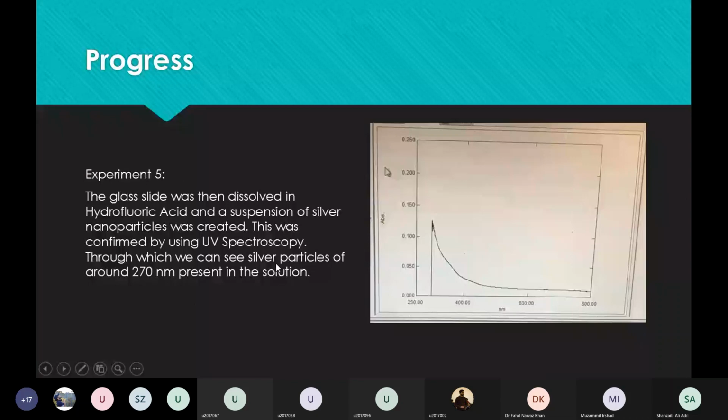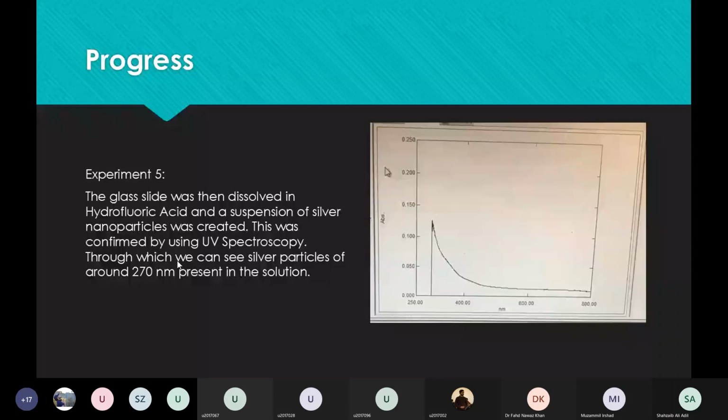In our final experiment, after the glass slide was dissolved in HF, we did it again for our experiment 4 slide. When the slide was etched in HF and we were left with a residue of glass and silver, we completely removed the glass by using vacuum filtration.